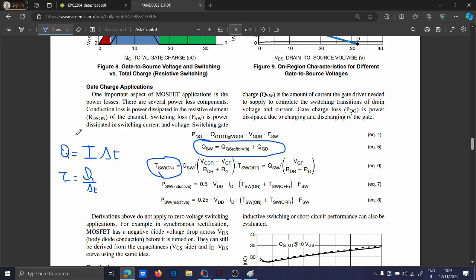Now, if you also relate the equation of the capacitance, C equal to Q over V, so Q equal to C dV, if I remember the basics of physics, you can recover this equation here: charge over voltage over resistor. And it is basically the turn-on and turn-off switching time, which you can calculate here.